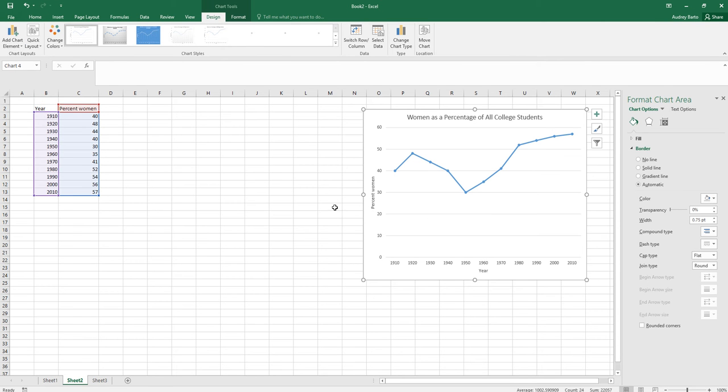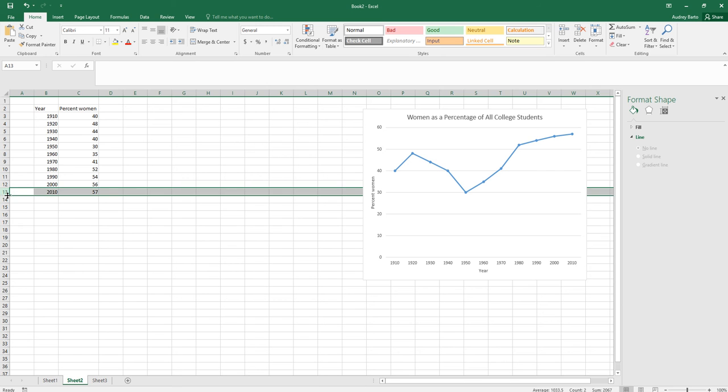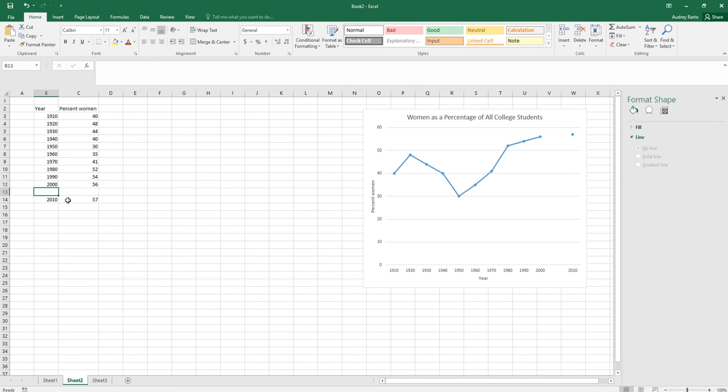If I were to add in another data point for 2016, let me put that in just above 2010. The year 2016, and it might be around 57%. Look at where that gets placed on the graph. It just puts 2016 between 2000 and 2010, because it's not reading this as a number.